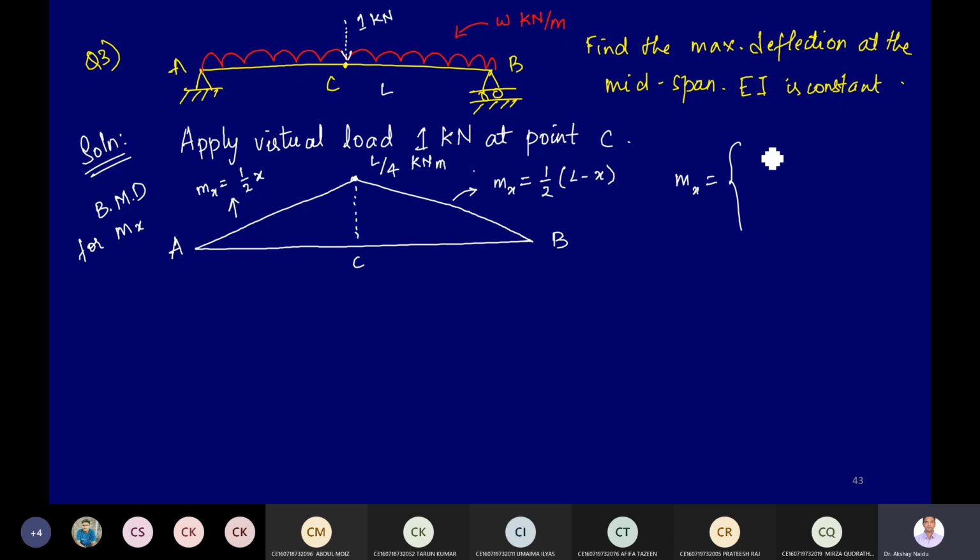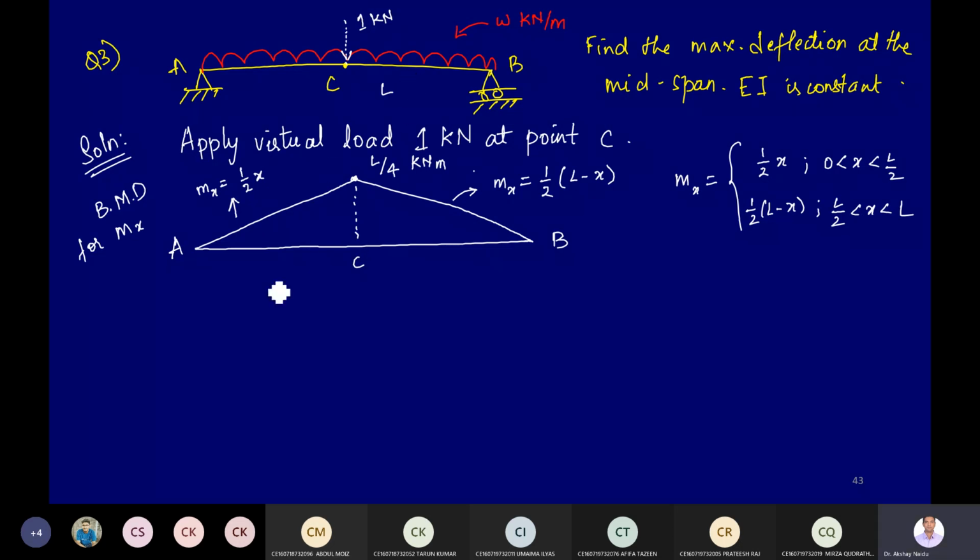It is 1 by 2 times X for X lying between 0 to L by 2, and half of L minus X for X lying between L by 2 to L. So this is the two-part function here.